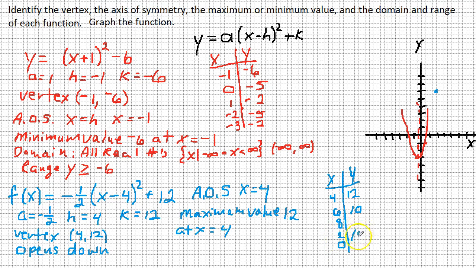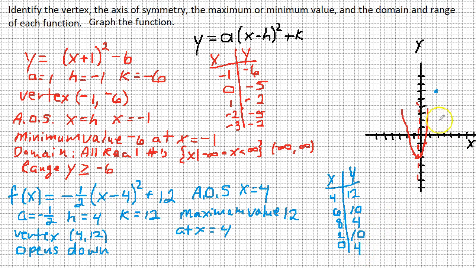Why? Because they're symmetrical. All right, plugging in 8: 8 minus 4 is 4. 4 squared is 16. Negative 1/2 times 16 gives you negative 8. Negative 8 plus 12 gives you 4. And at 0, I will also get 4.